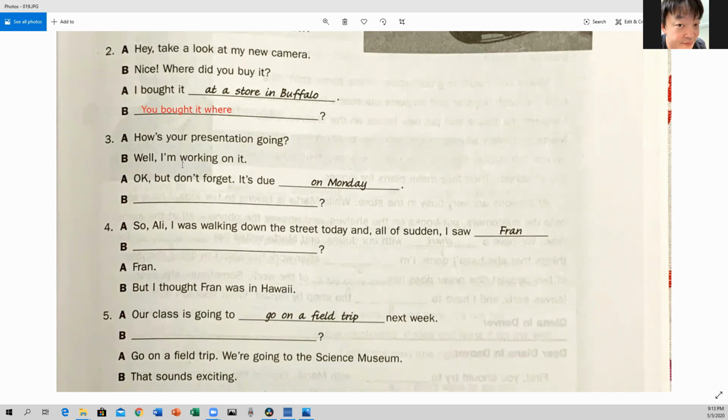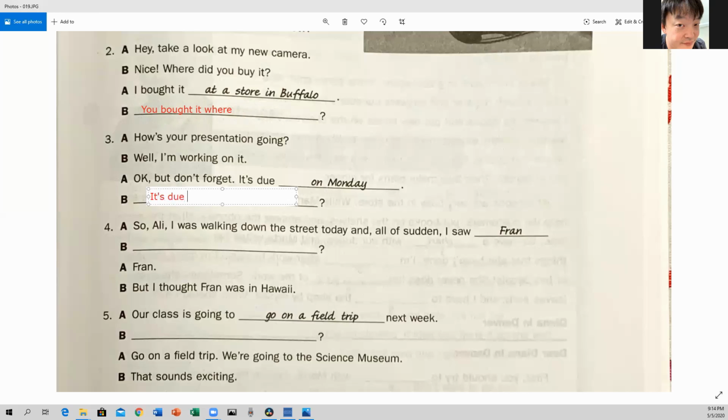Conversation 3. How's your presentation going? Well, I'm working on it. Okay, but don't forget, it's due on Monday. Clarifying question. Very good.